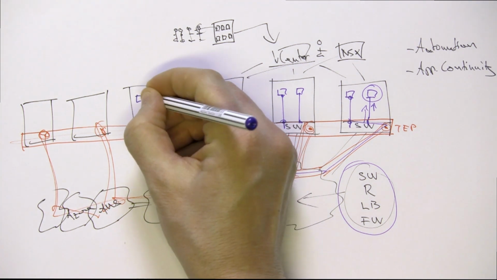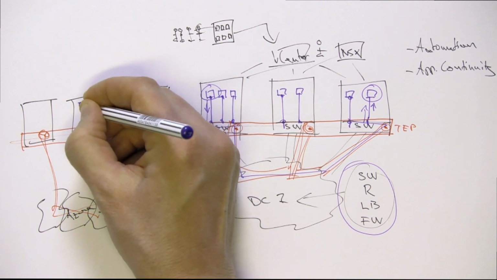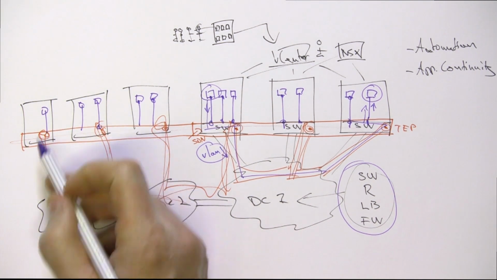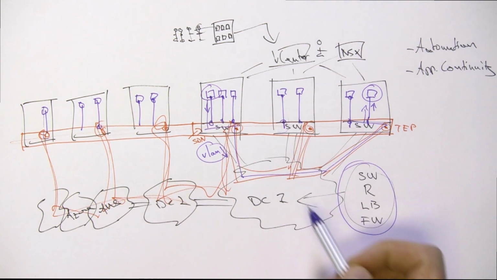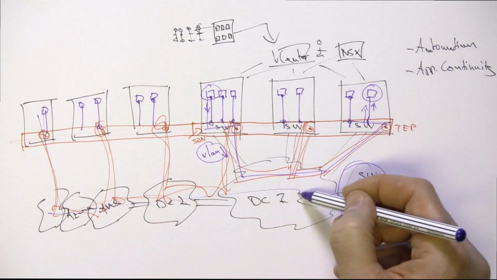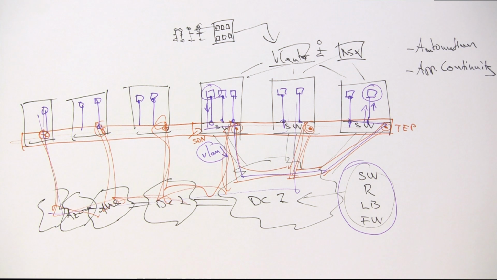So maybe I have a bunch of workloads over here connected to something. If I need routing when this guy is talking to this guy, it's taken care of by the SDN layer. We only consume the bandwidth of the fabric. The same goes with switching, load balancing.